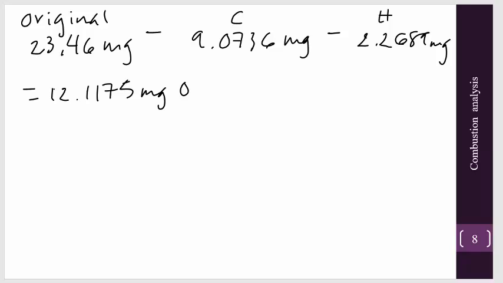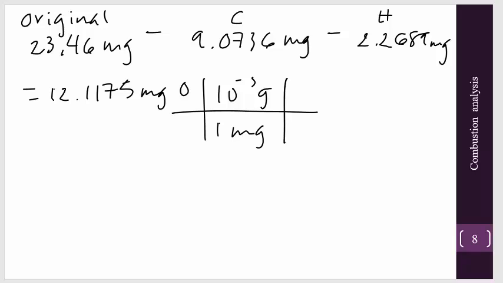What we need to do next is determine an empirical formula, the smallest molar ratio. So we need moles of oxygen as well. So we're going to go from milligrams into grams. And now from grams to moles.